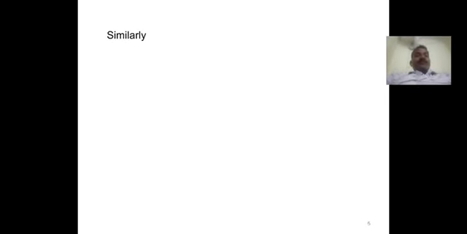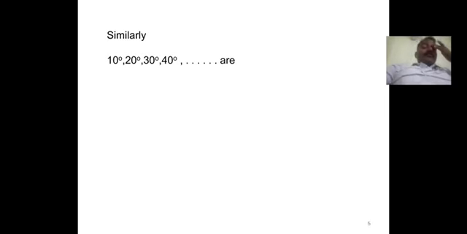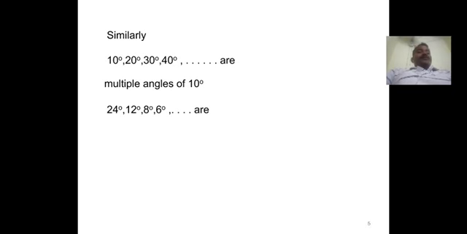So here, 10, 20 and so on are multiples of 10, and 24 degrees, 12 degrees, 8 degrees, 6 degrees and so on are the submultiples of angle 24.